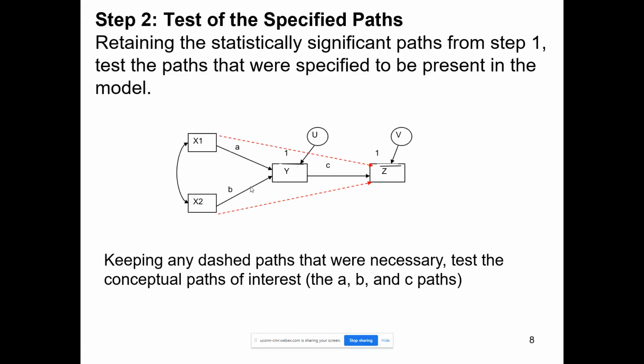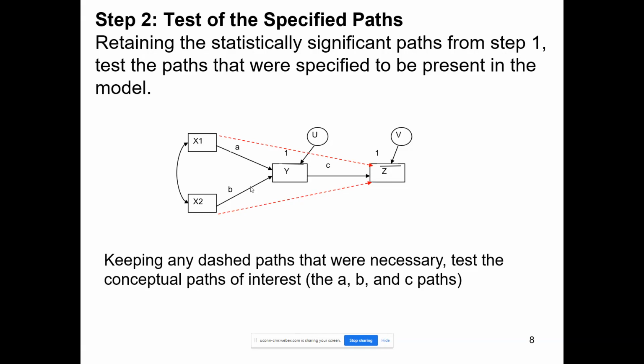What if I put a correlation between the disturbances of U and V? So now I actually have two linkages between Y and Z, right? Yes, it's non-recursive and that makes it complicated, but even putting aside the non-recursive nature of it, forget about that for a minute. If I did that, what would my degrees of freedom be?